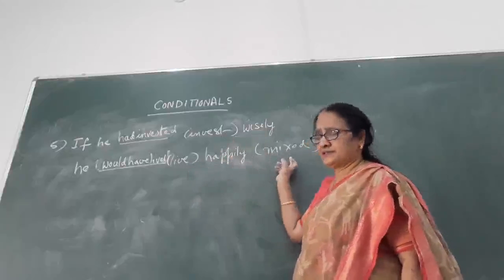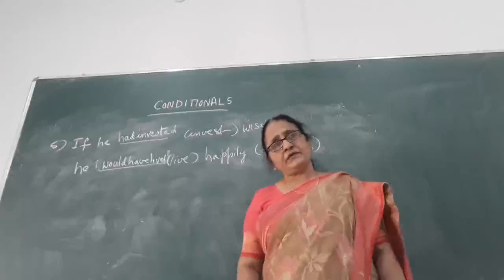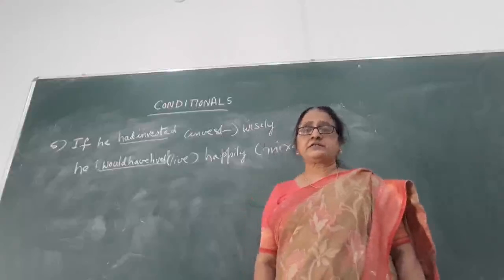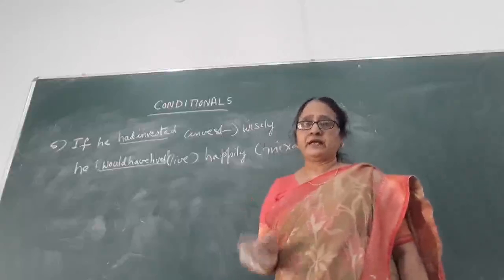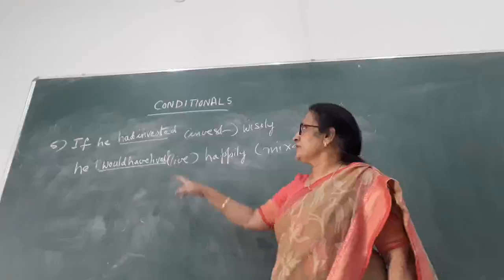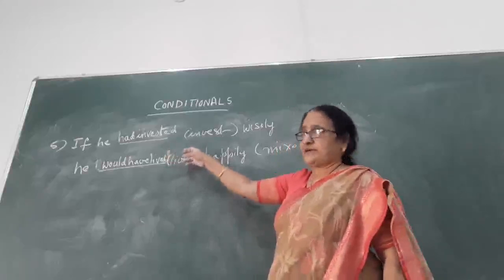You have to write the mixed conditional. As I explained, sometimes the mixed conditional, according to the sentence, would be like the third conditional. So here the if condition will be past perfect.